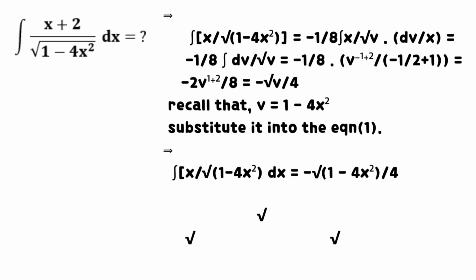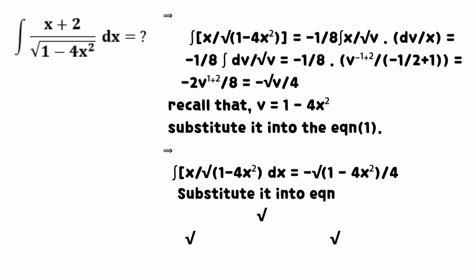Recall that v equals 1 minus 4x². Substitute it into equation 1. It follows that the integration of x dx, all divided by the square root of 1 minus 4x², equals negative 1/4 of the square root of 1 minus 4x².